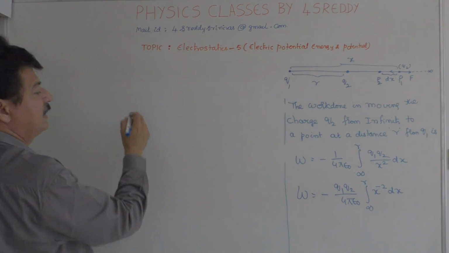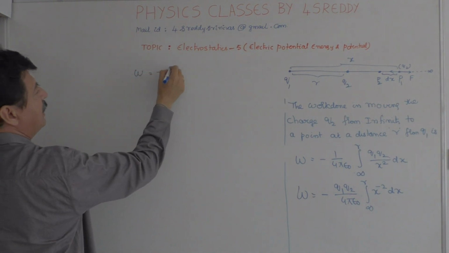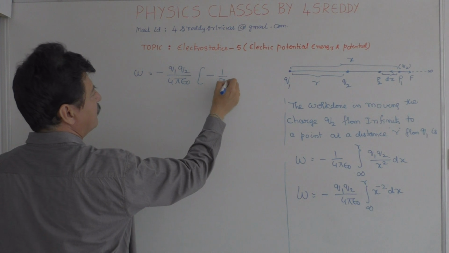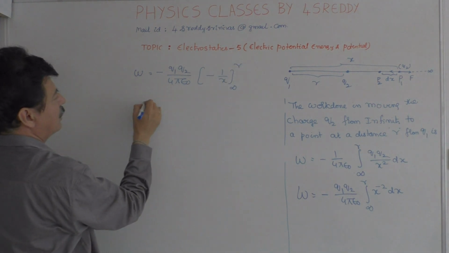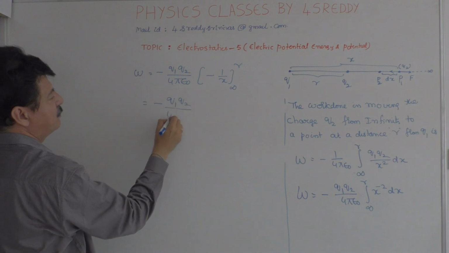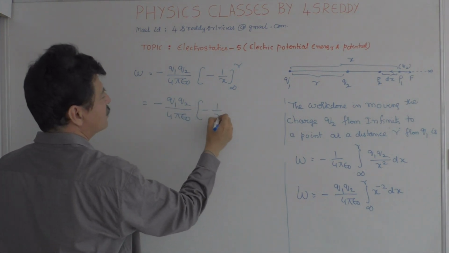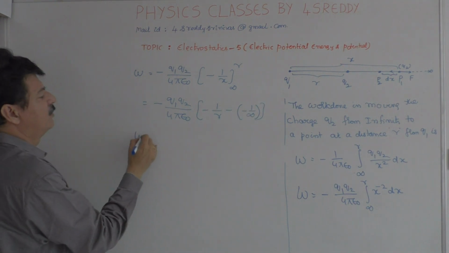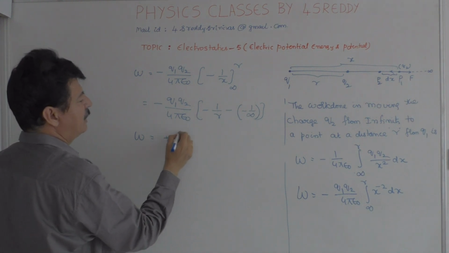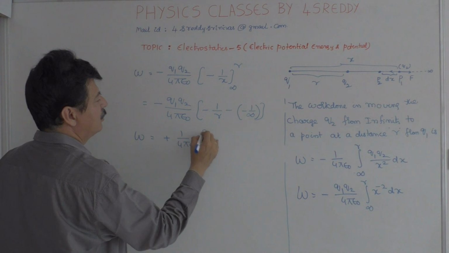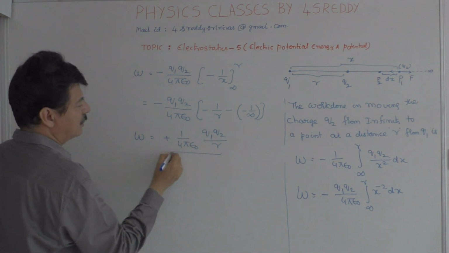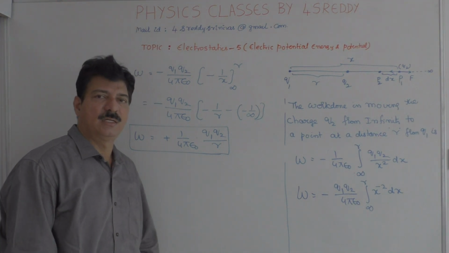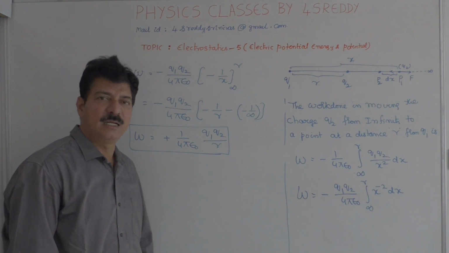Once you get this, W can be written as minus Q1 Q2 by 4 pi epsilon naught into minus 1 by x in the limits infinity to R. Therefore, minus Q1 Q2 by 4 pi epsilon naught into minus 1 by R minus minus 1 by infinity. Therefore, the work done is given by plus 1 by 4 pi epsilon naught Q1 Q2 by R. This work done will be stored as electrostatic potential energy.